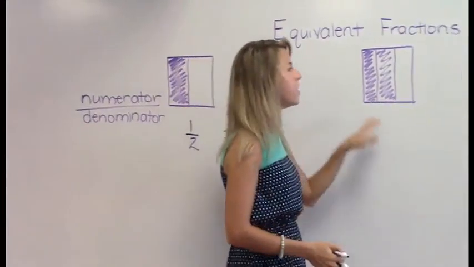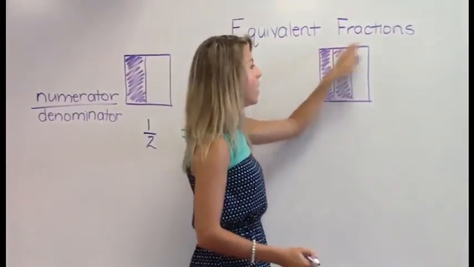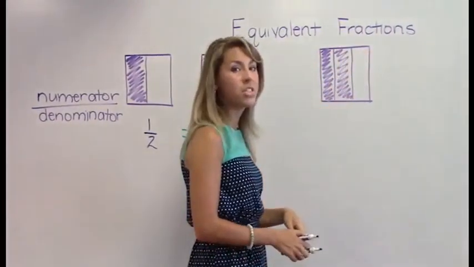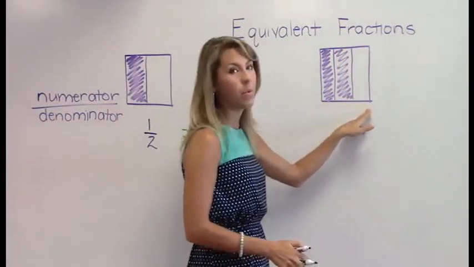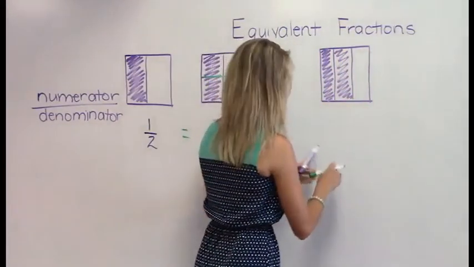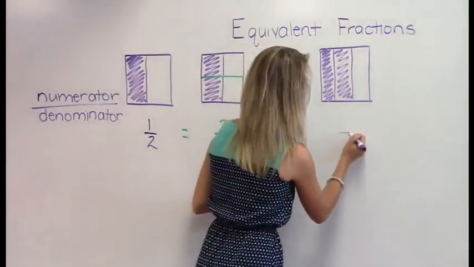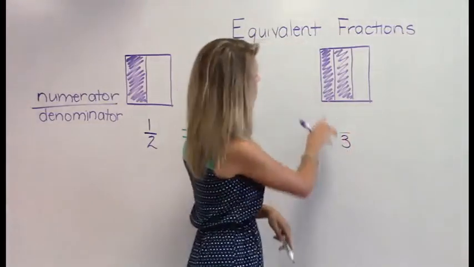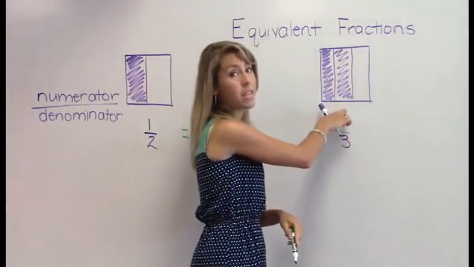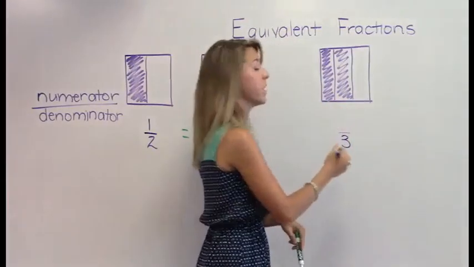Over here, you can see that I have one whole that's been partitioned into 3 equal parts. That makes my denominator 3. And since I have 2 equal parts that have been shaded, my numerator is 2.